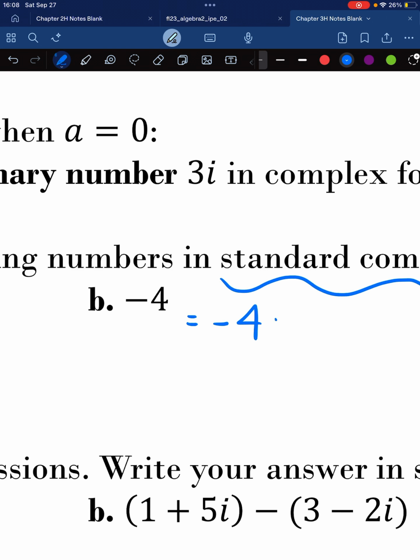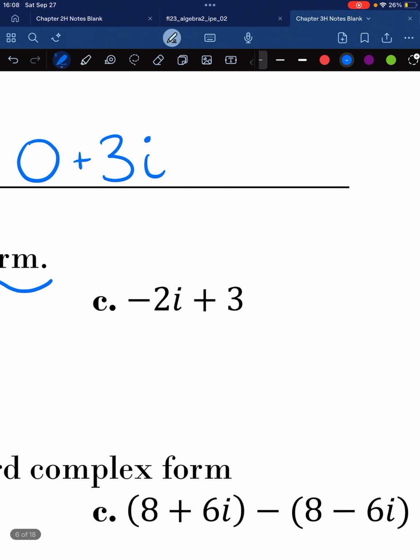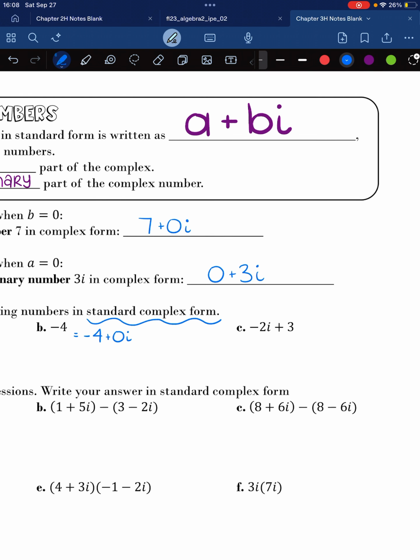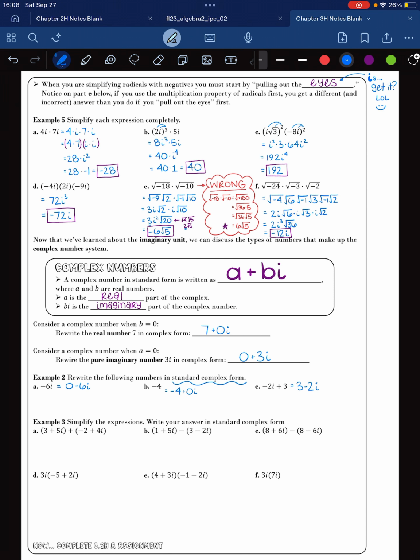Negative 4, we can rewrite as negative 4 plus 0i, because there is no imaginary component to negative 4. And this looks like it's in complex form, but notice that the real part needs to come first for standard complex form. So 3 minus 2i.